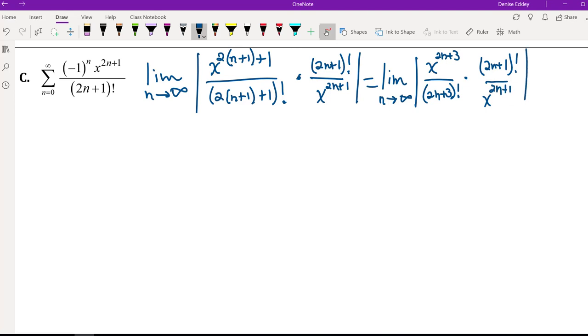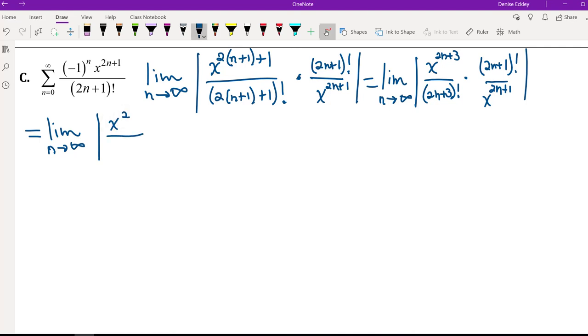Right, now I can simplify this a little bit. So I get the limit as n approaches infinity of, when I divide my x terms, x to the 2nd power. Not a very nice looking x.